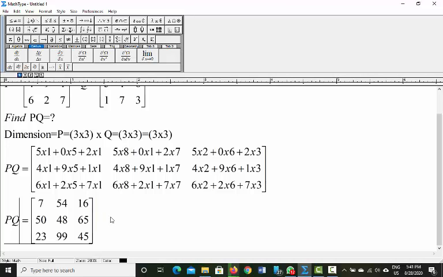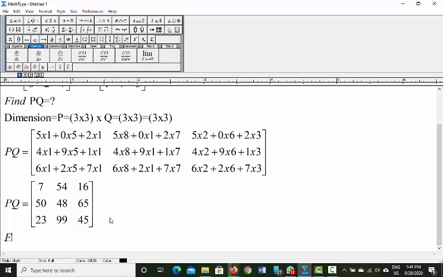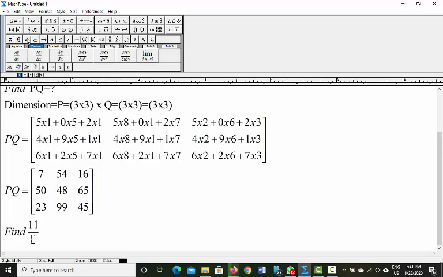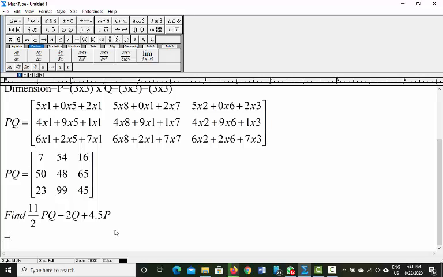Right. So now for example, we have another question. The question is: find 11 by 2 PQ minus 2Q plus 4.5 P. So the question is asking us to find out this one. If you want to find this, what do you have to do? 11 by 2 means 5.5.